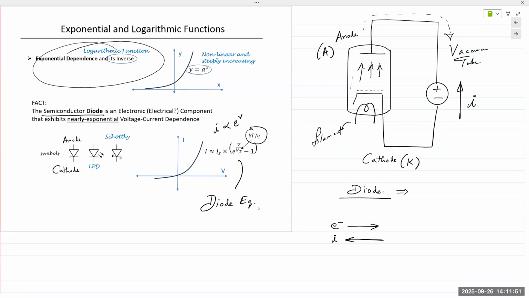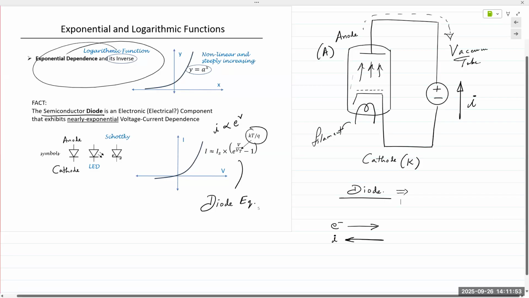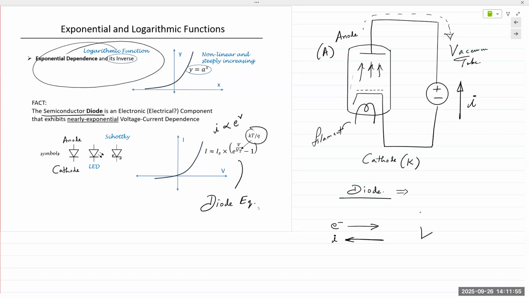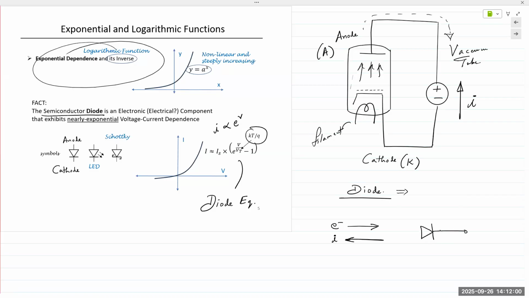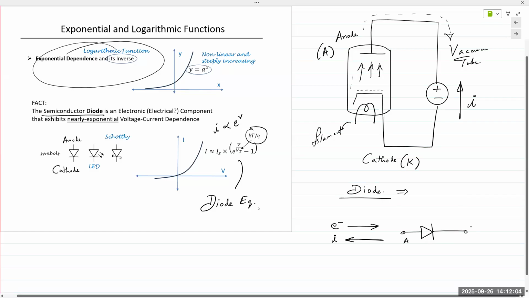Actually, let's just do this. We have the symbol of a diode this way. This is the anode. This is the cathode. When we refer to diode voltage, anode is always the positive reference. Cathode is always the negative.